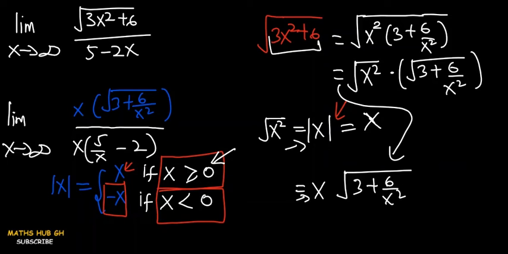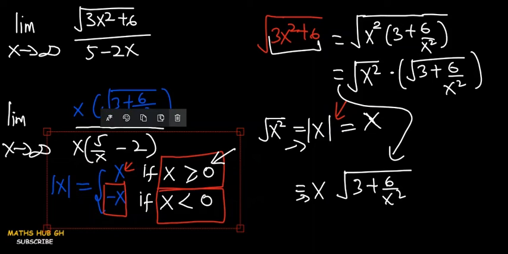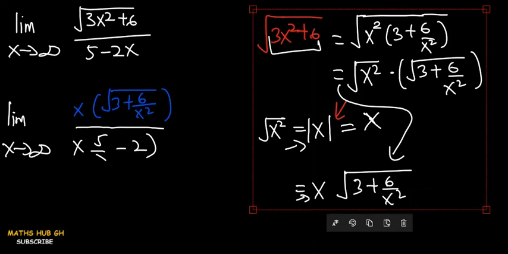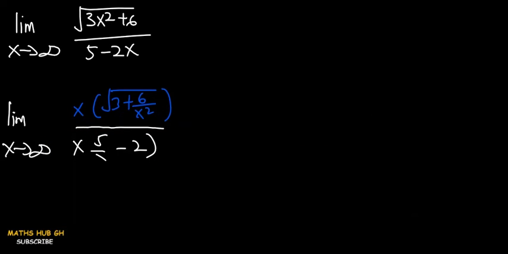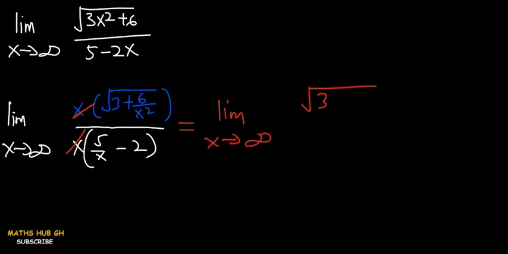Okay, so now we can continue. Now we can do the cancellation. This will cancel out this. So at the end, we are just going to have the limit as x approaches infinity for the square root of 3 plus 6 over x squared divided by 5 over x minus 2.